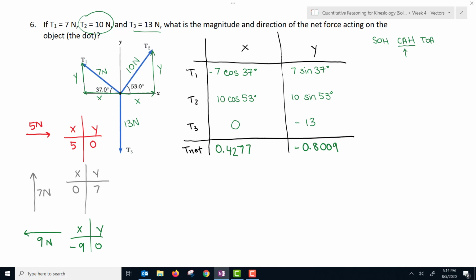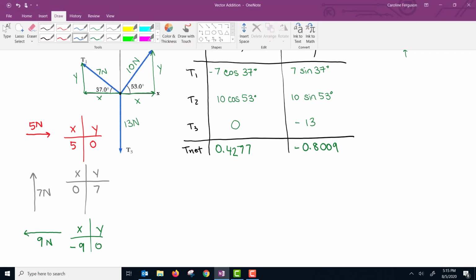Alright, so now what I can do is take these x and y components and use them to find the magnitude and the direction of the net force. So I'm going to draw what this looks like. I have a vector that has an x component that's positive 0.4277. So it's a positive x component, so that means it will be pointing to the right.